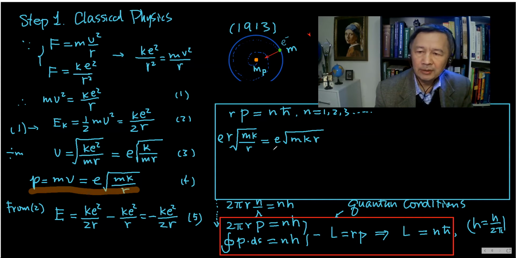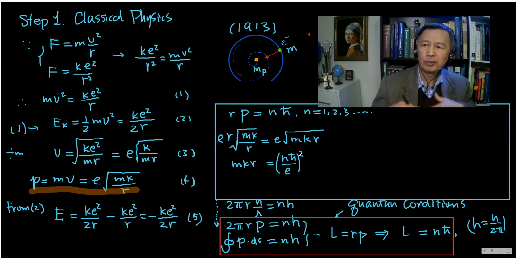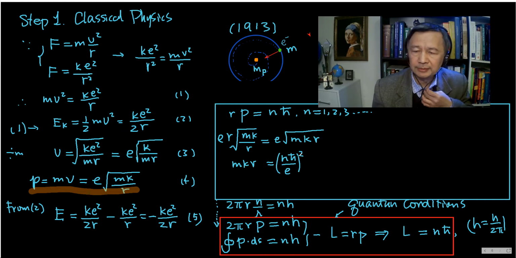So if we rearrange that, that will give us the idea how to rearrange this formula: m k R equals n h bar divided by e, squared, so that we can remove the square root.